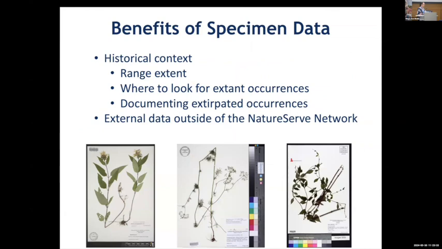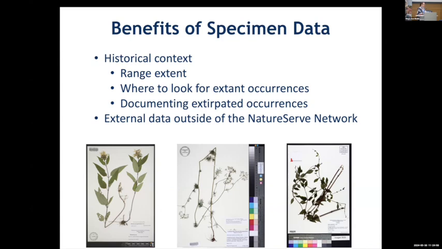So specimen data has a lot of value for conservation assessment and for the NatureServe network. It provides a lot of historical context, including full range extent, and where to look for extant occurrences. As this data becomes digitized, there are new areas that might not have been searched by the program. And unfortunately, it also is documentation for extirpated occurrences that we use with trend analyses.